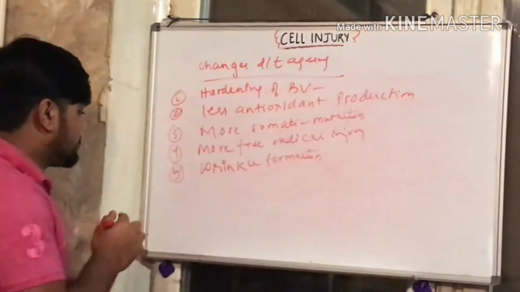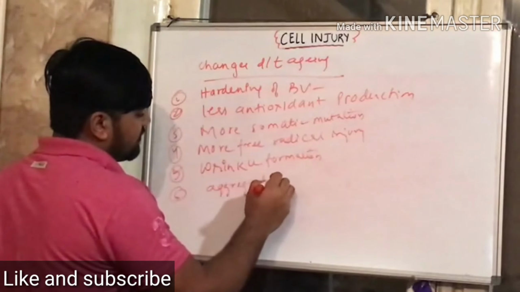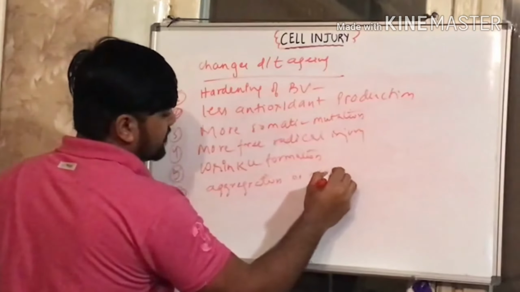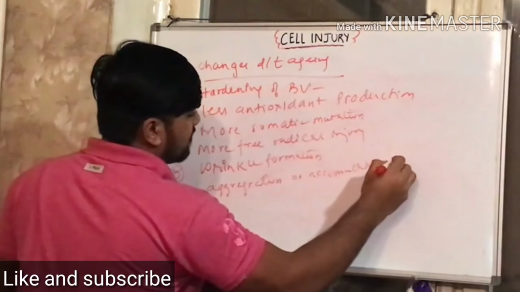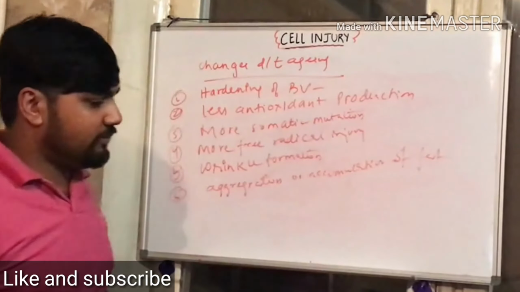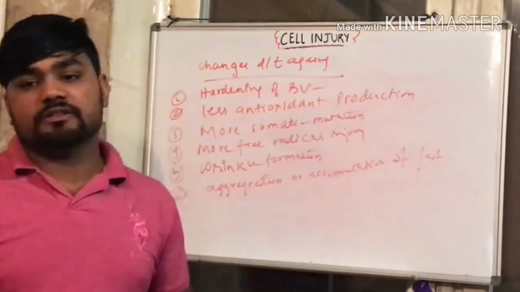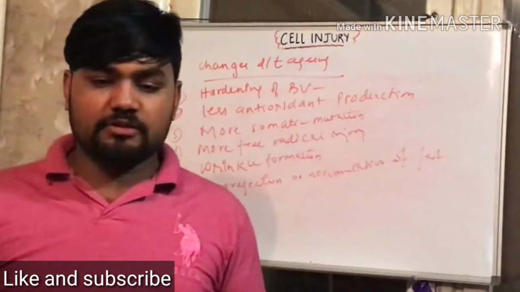Then sixth one is aggregation or accumulation of fat, in the belly region, abdominal region or in the hip region, there is accumulation. Fat starts accumulation or aggregation.